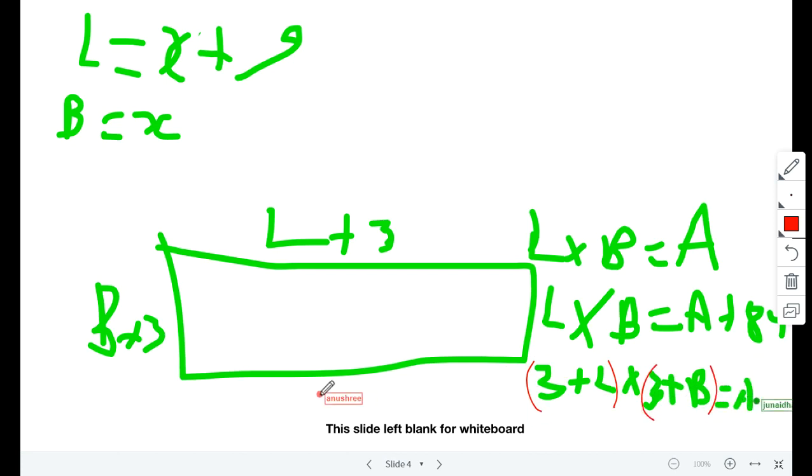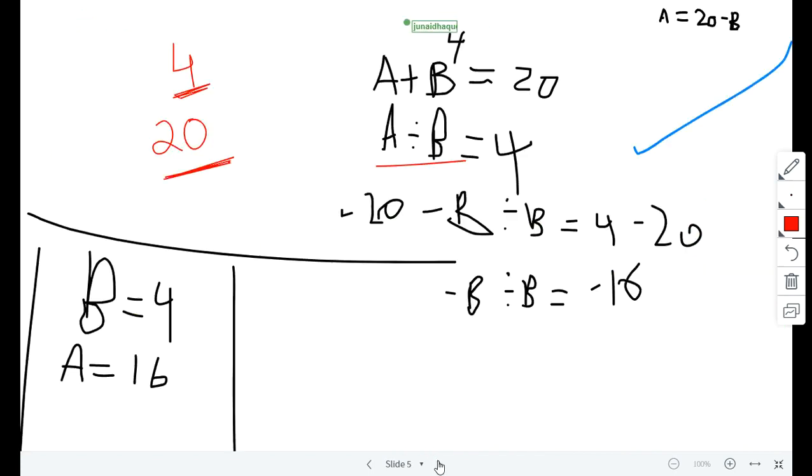Okay, wait a minute. I've got no room. It's too thick. Can I get a whiteboard? Sorry, change, because there's no room.